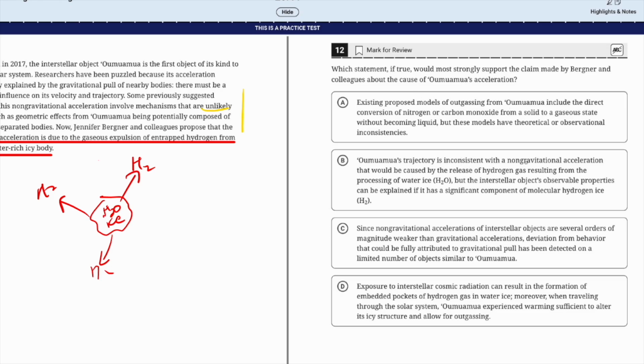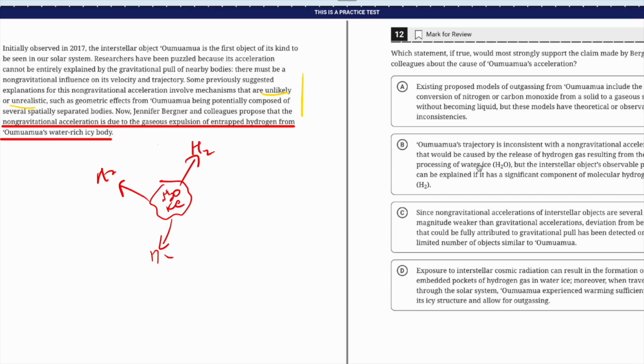B, its trajectory is inconsistent with a non-gravitational acceleration that would be caused by the release of hydrogen gas resulting from the processing of water ice. I think this would weaken it. The release of hydrogen gas from the processing of water ice, because that's what they're saying.